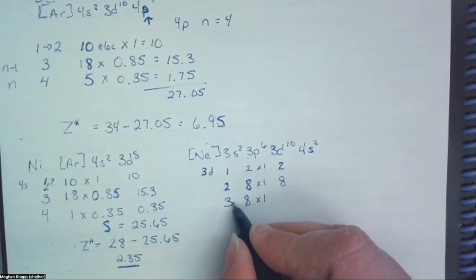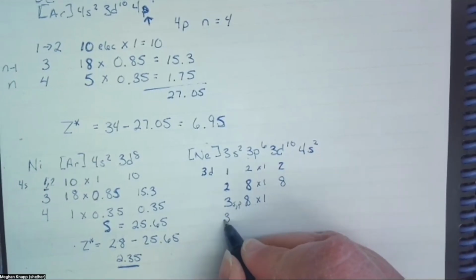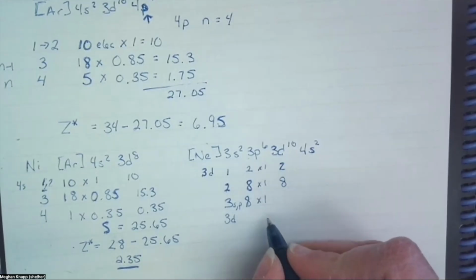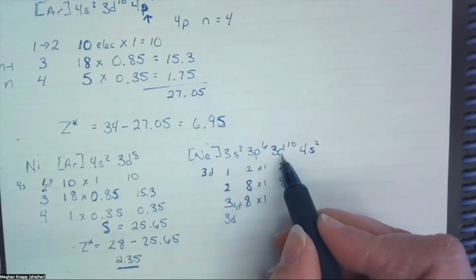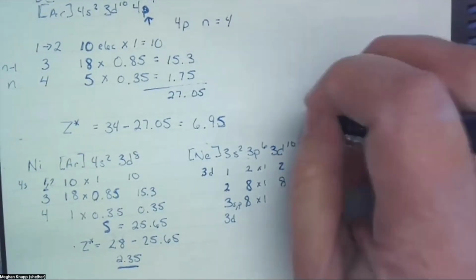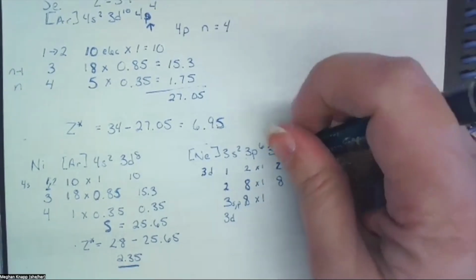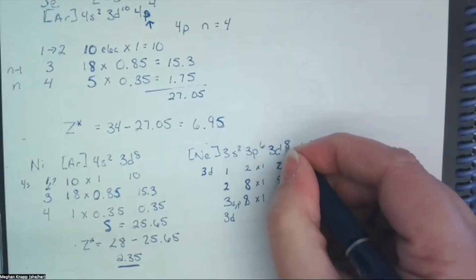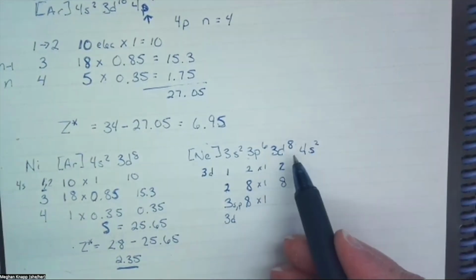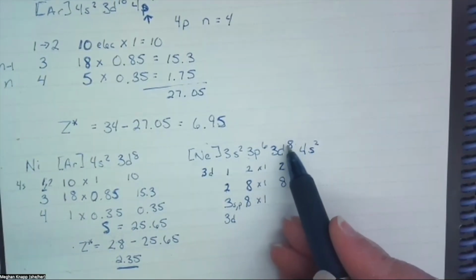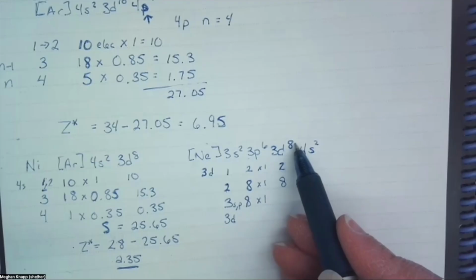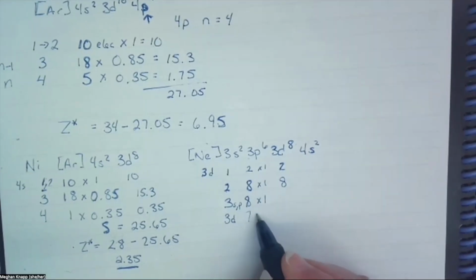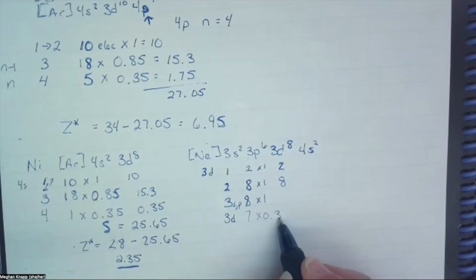And then, so this is S and P. And then my 3D, well, I have, oops, this is not 10. Sorry about that. This is a 3D8. I have one electron that's in here that I'm talking about, so there are 7 other ones. So it's 7 times 0.35.